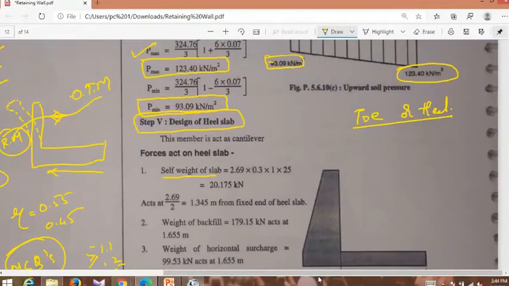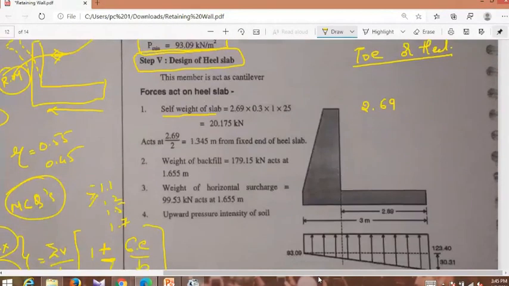This length is 2.69, thickness is 0.3, multiplied by 24 since it is a slab. Taking in terms of meter, take it as 1.